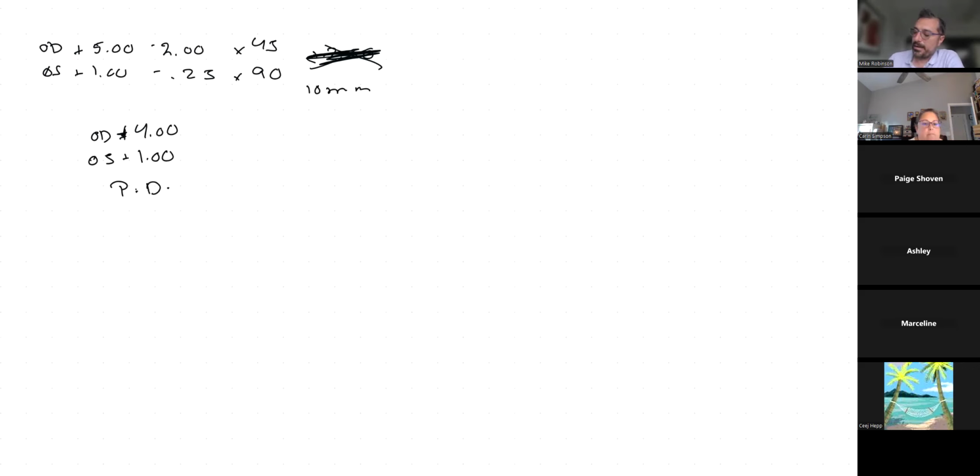So in the right eye, we would take that +4 and multiply it by 1.0, which gives us just the +4. Then for the left eye, we do the same thing: +1, multiply by 1 centimeter, and that gives us a +1. So, do you have a guess what the slab-off would be for this one, Marceline, or do you want me to go through it?